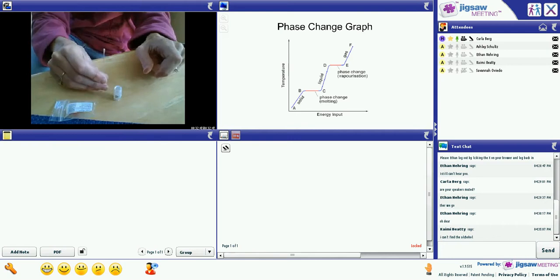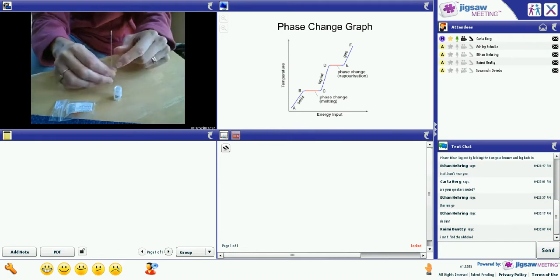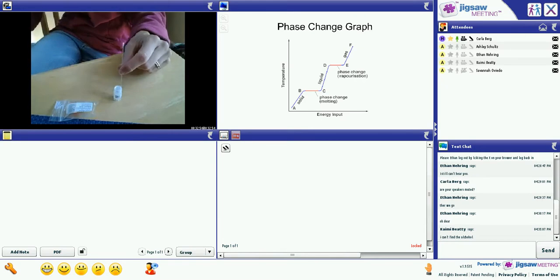I'm going to slowly bang it, gently, and the cetyl alcohol is falling down into my capillary tube. You want to have several millimeters of the sample in the bottom of your capillary tube.